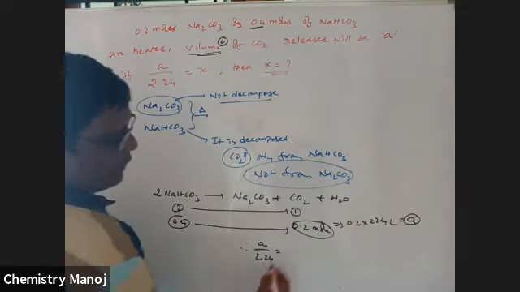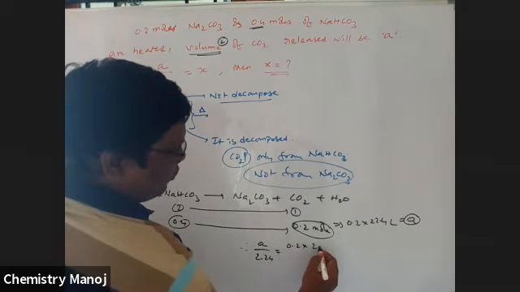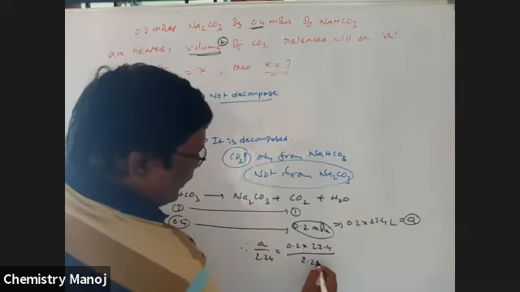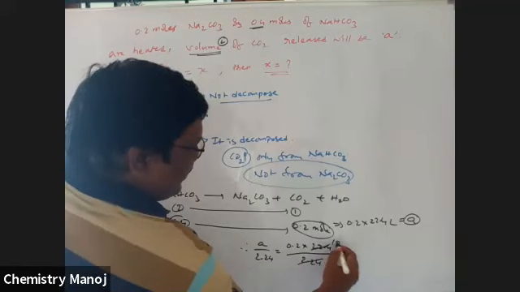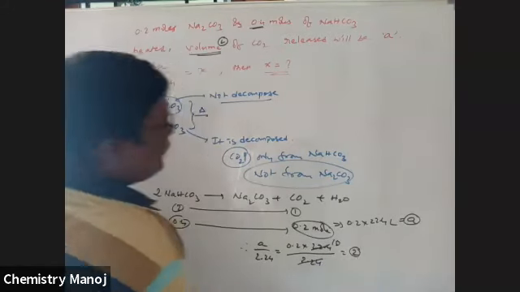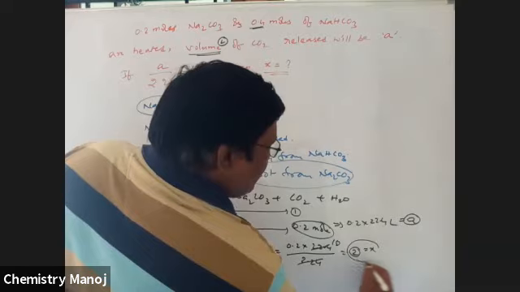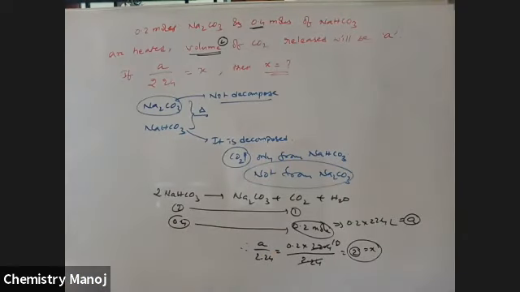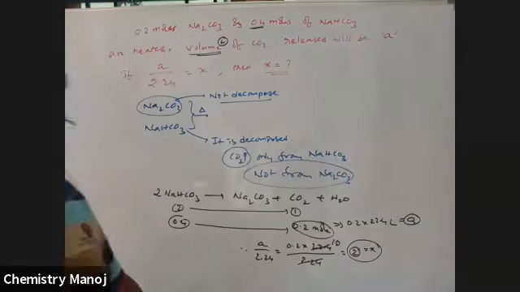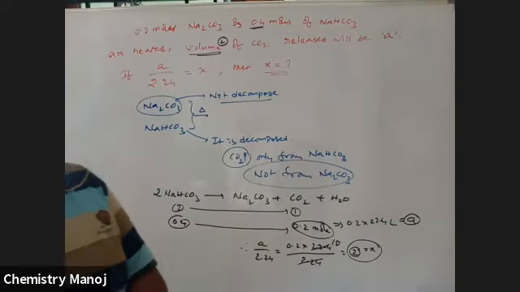So 0.2 into 22.4 by 2.24, which is 10 times, which is equal to 200. This is equal to X. X is equal to 2. Mind it? So Na2CO3 is not going to decompose.